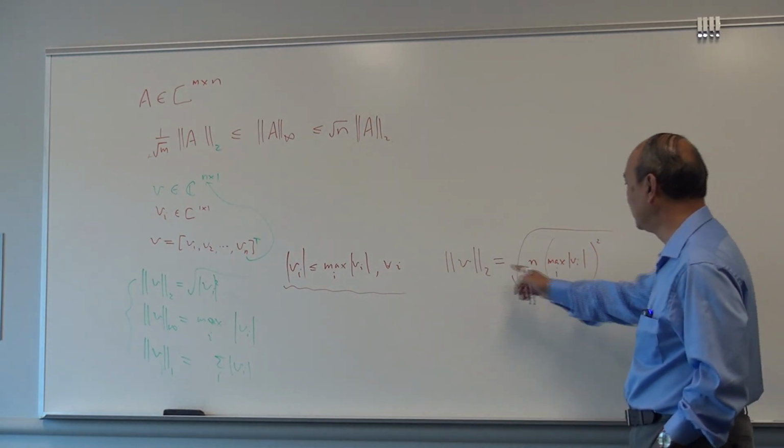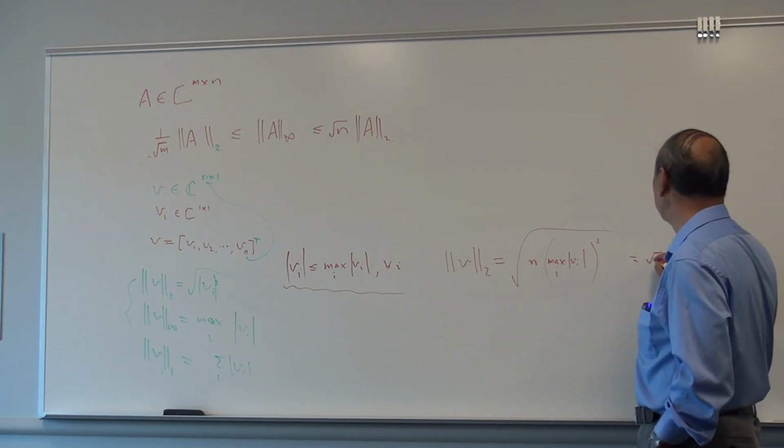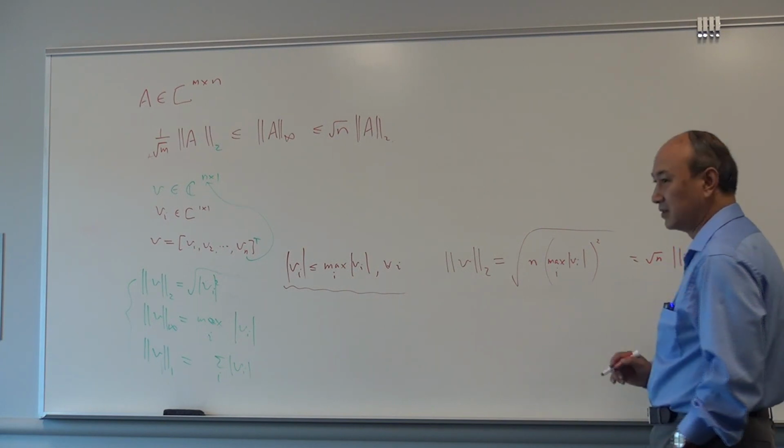Everybody is less than this, so you have n of these, so it's the square root of n times the infinity norm of v.